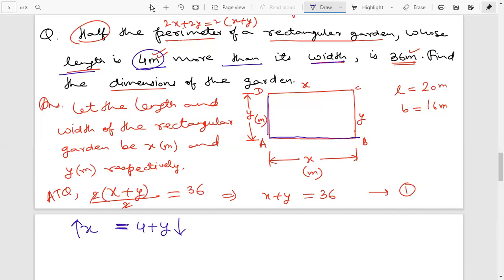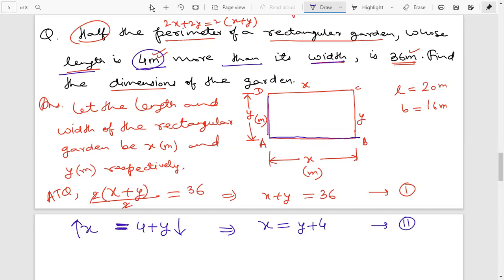When we add 4 to the smaller value. Length is 4 meter more, so we put an arrow up on length because it is more and width is smaller, so we add 4 to the width because we have equated. When will both be equal? When the smaller side, width, is added with 4. So this is the second equation: x equals y plus 4, or 4 plus y.